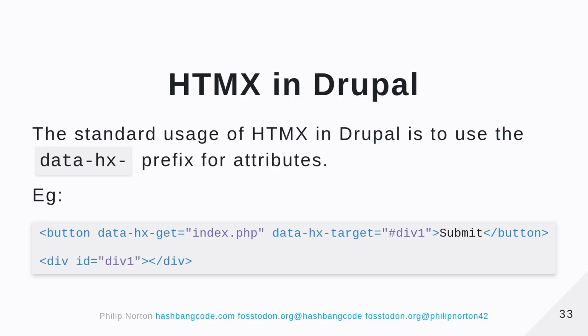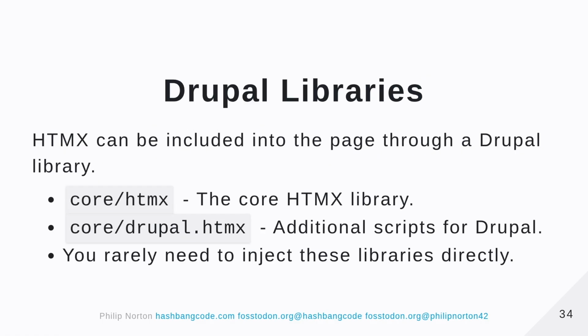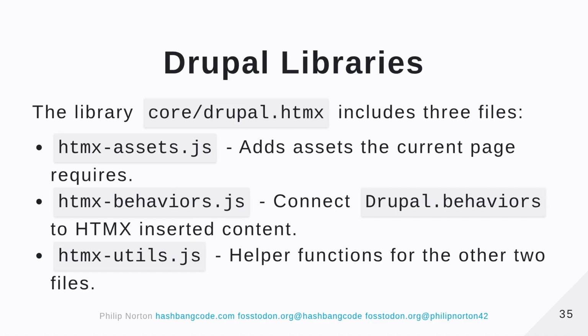It does exactly the same as the other one, but it's just a different way of doing it. There are actually two libraries in Drupal: the core HTMX library, which is just the HTMX file, and they've also added a Drupal.htmx library. I have to say, you rarely need to directly include these libraries. They will be included through your actions of trying to do HTMX stuff. But the additional scripts are quite useful.